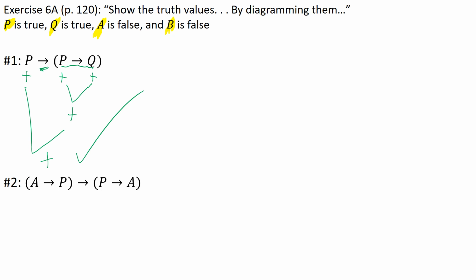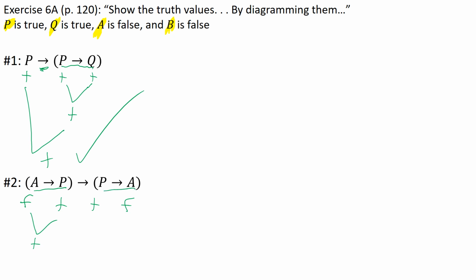And number two, let's label what we know. A is false. P is true, P is true, A is false. So we'll work on this molecular sentence first. So the consequent is true, so that conditional is definitely true.